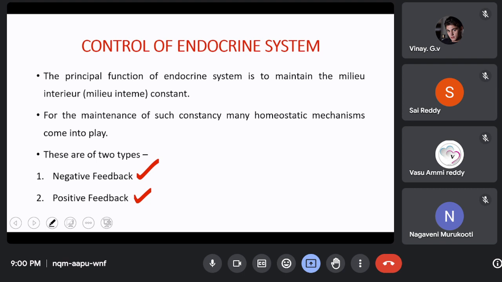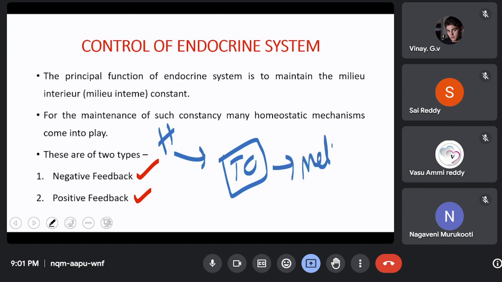When the control of the hormones takes place, what actually happens is the target cell is controlled. Whenever a hormone is released in the target cell, there is a metabolic activity taking place. So, if hormone releases, metabolism takes place. If hormone does not release, metabolism will not take place.